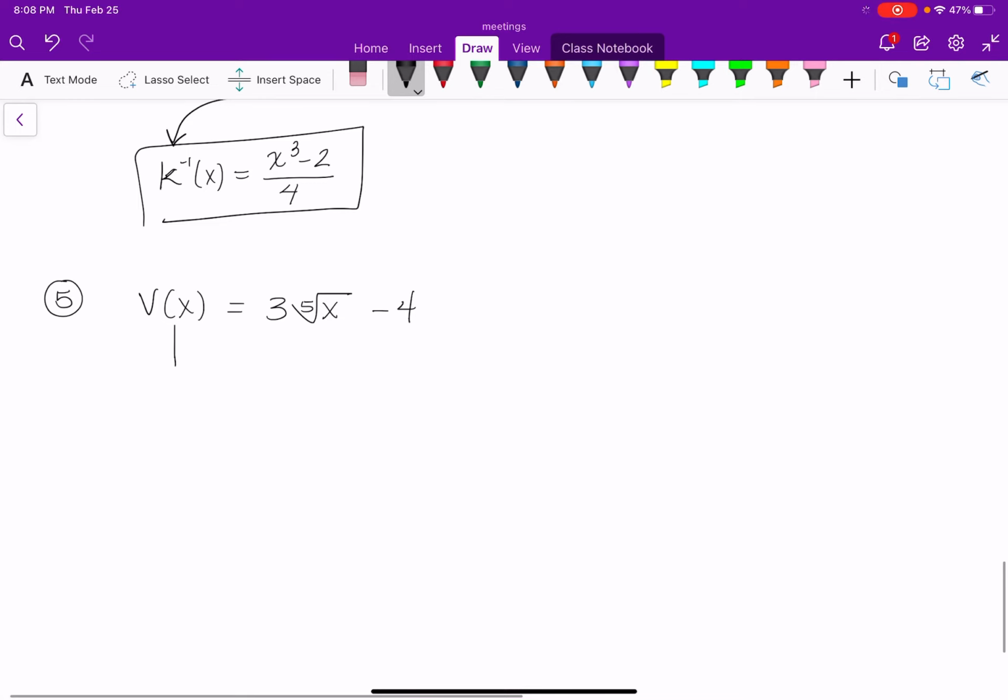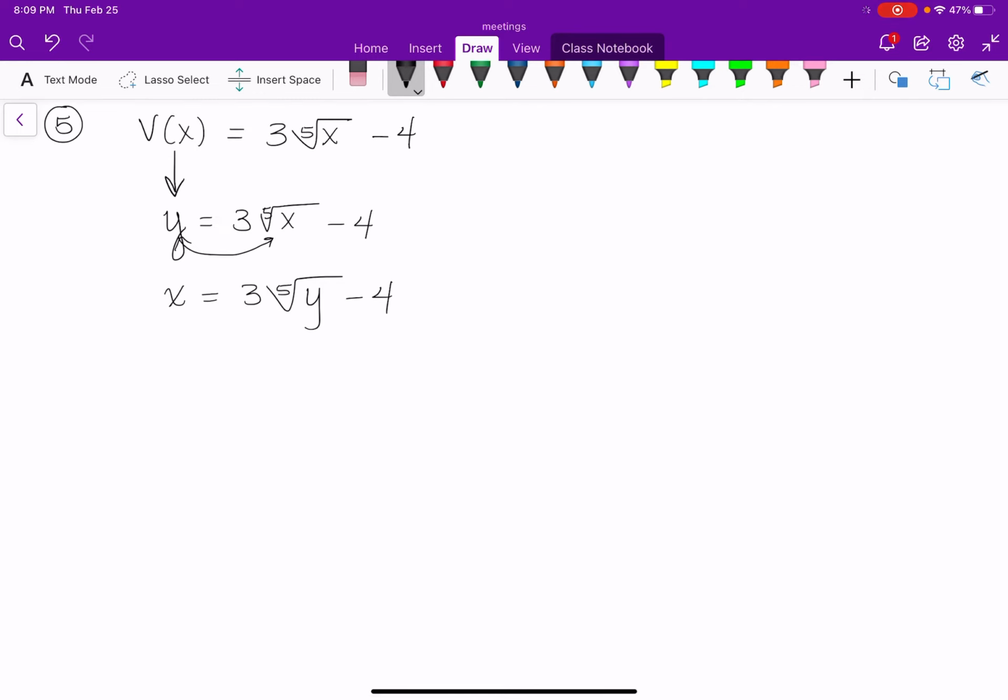But before we start, we've got to switch our y and our x. So we replace v of x with y and switch these around. So x equals 3 times the 5th root of y minus 4.